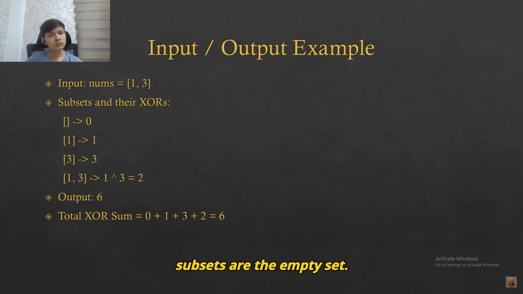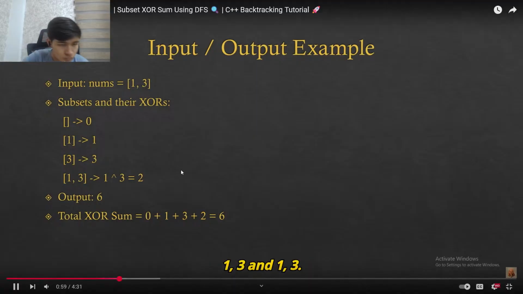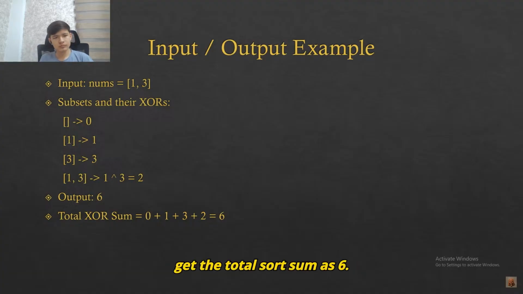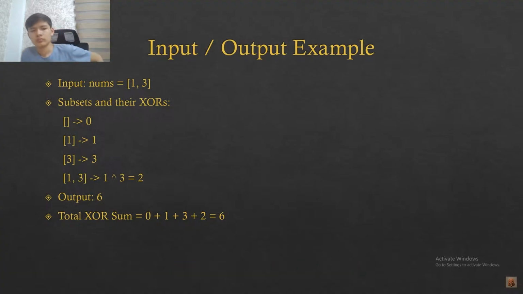Its subsets are the empty set, 1, 3, and 1, 3. The XOR values of these subsets are 0, 1, 3, and 2 respectively. Summing this, we get the total XOR sum as 6.